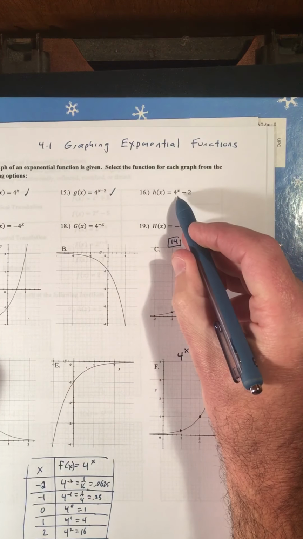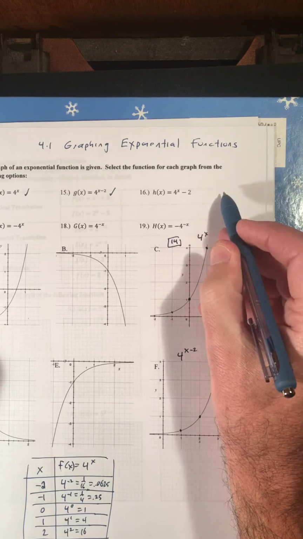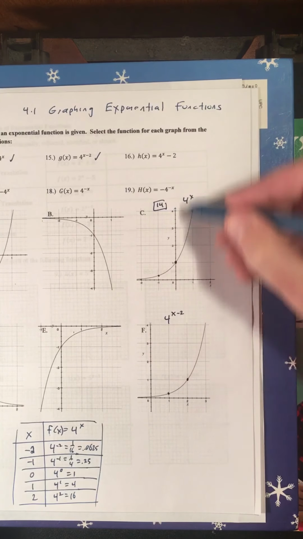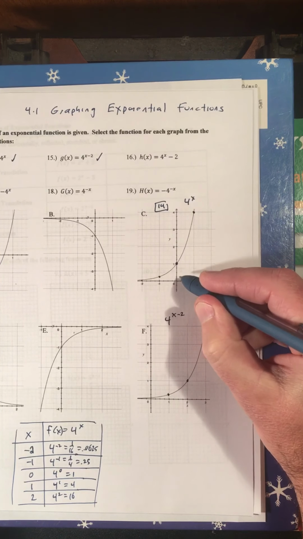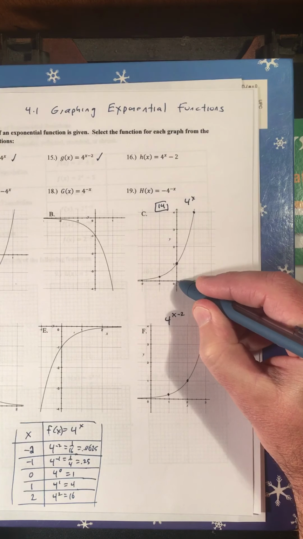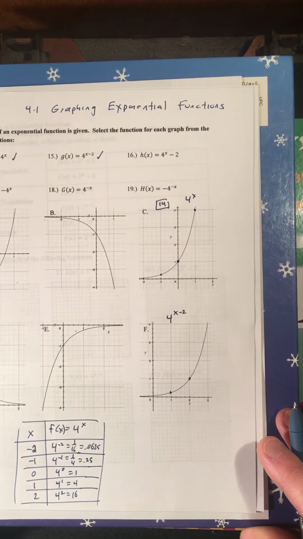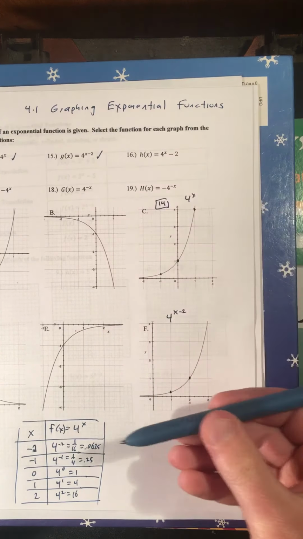How about 4 to the x, minus 2 on the outside? So that is moving up and down, and minus 2 just drops this thing down 2 places. So instead of your first point being at 0, 1, it's going to be 0, negative 1. And it looks exactly like this, so the whole thing's going to drop down.